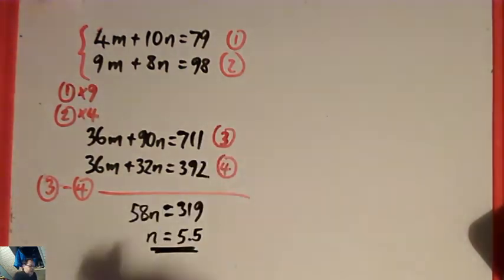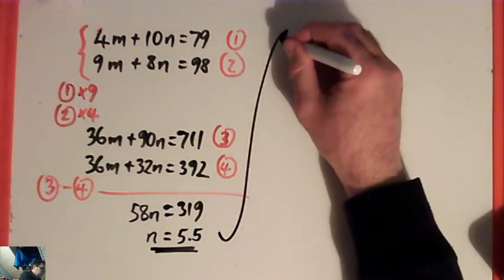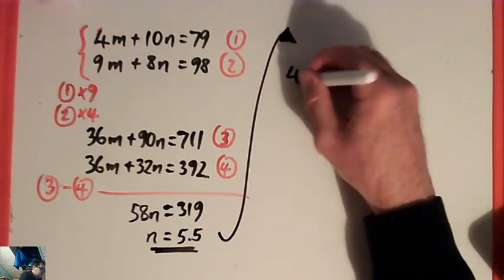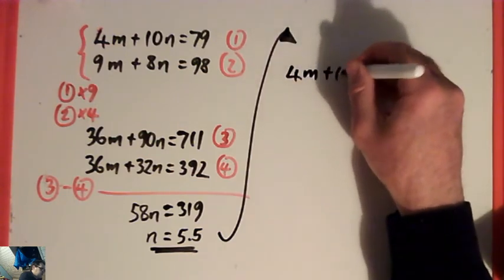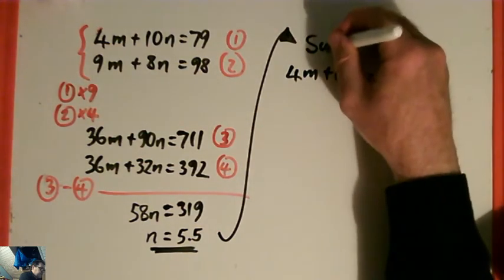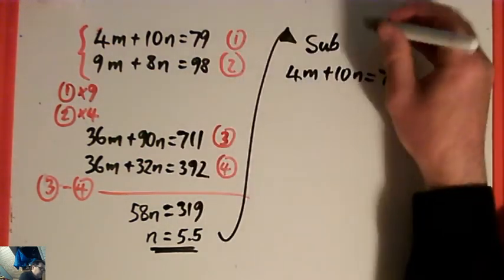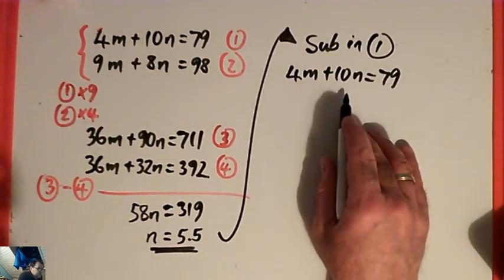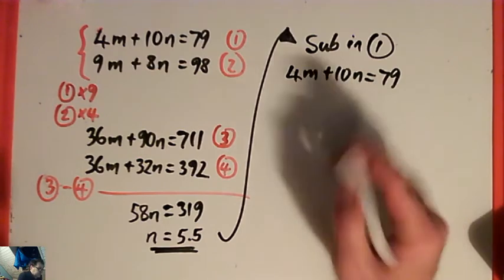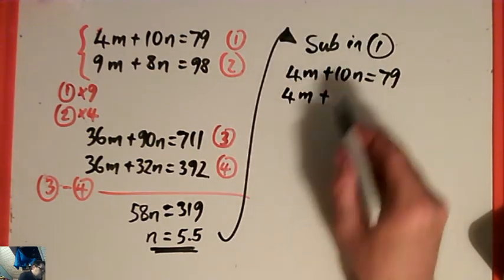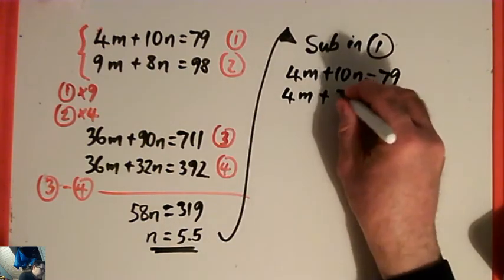Having figured out what n is, I'm going to take equation 1 and I'm going to substitute the value that I just found, the 5.5, into equation 1. So 4m plus 10n equals 79 is going to become 4m plus 10 times 5.5 is 55.